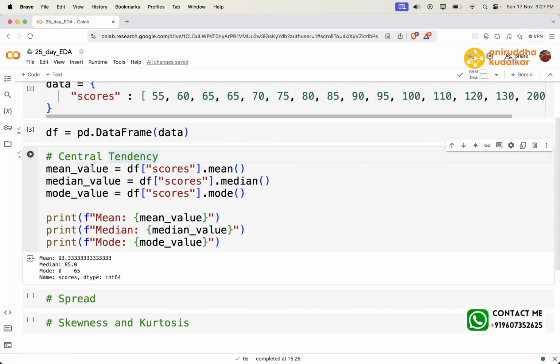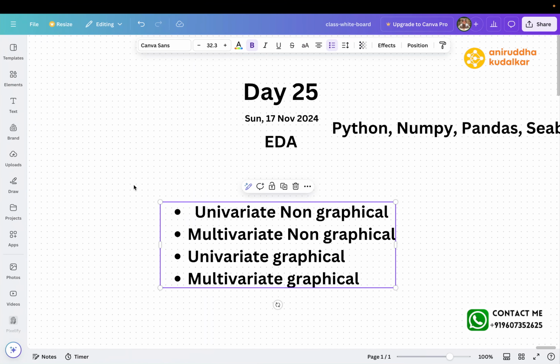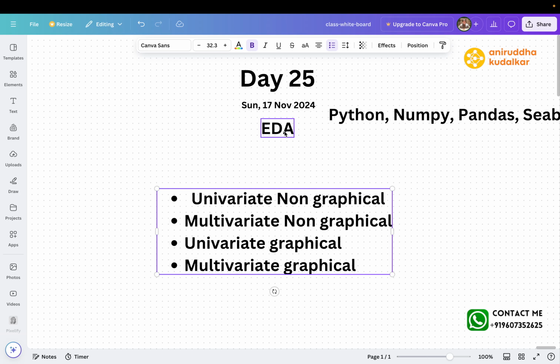Central tendency: mean value, median value, mode value. What is exploratory data analysis? There are 4 types of exploratory data analysis. Everyone please respond if it is clear to you. If not, please ask me your query.